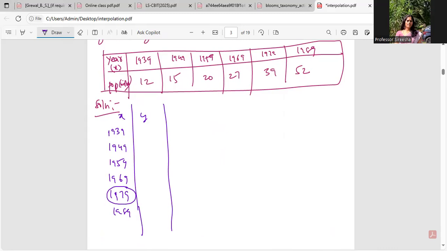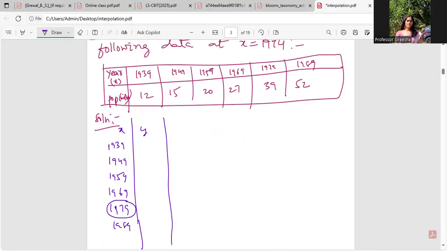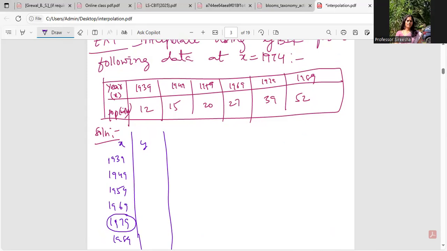Just a second. The problem is like 1964, it's been asked. So 1969 would be my x naught. This would be my x minus 1, minus 2, minus 3, and this would be x1, this would be x2.